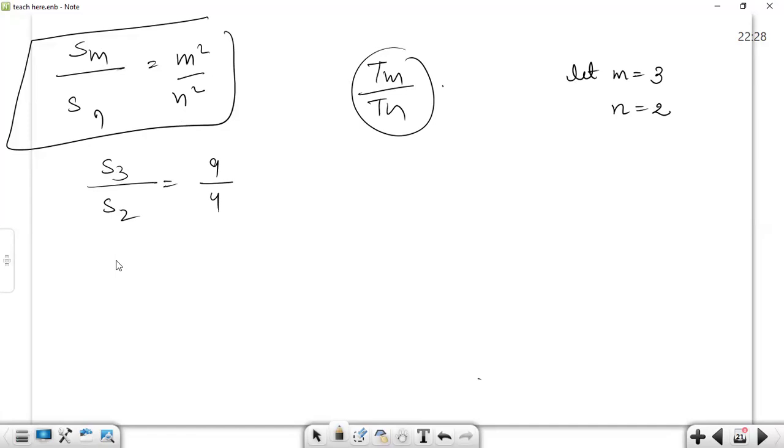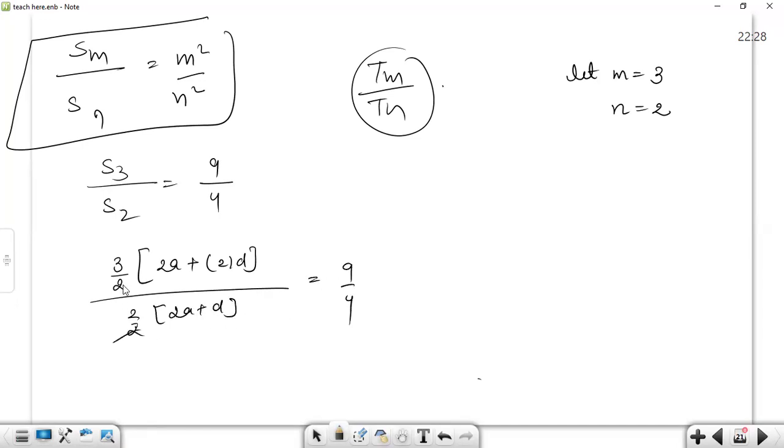So what is the sum of 3 terms? (3/2)(2a + (3 - 1)d) divided by (2/2)(2a + d) equals 9 by 4. Let's cancel: 9 by 3 and 4 by 2. So this can also, 2 can be taken common from here.